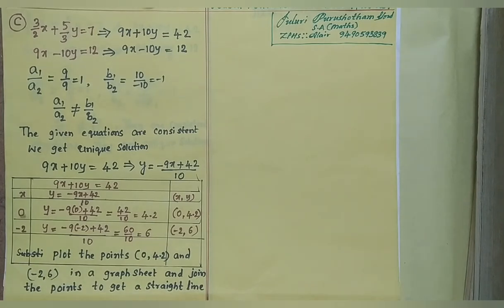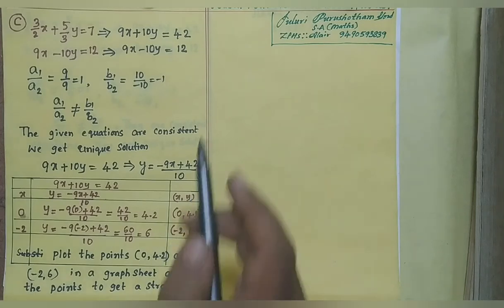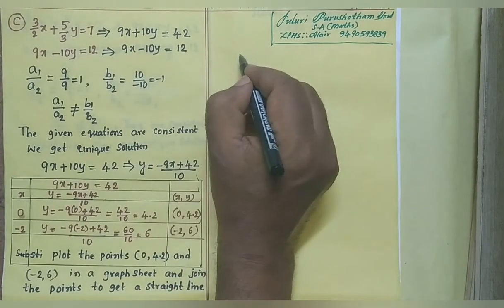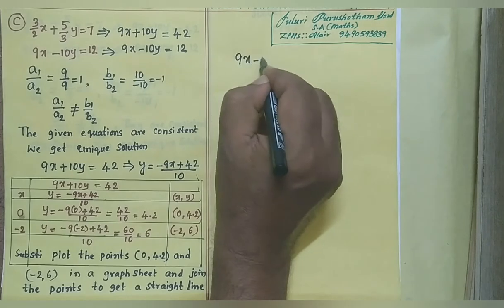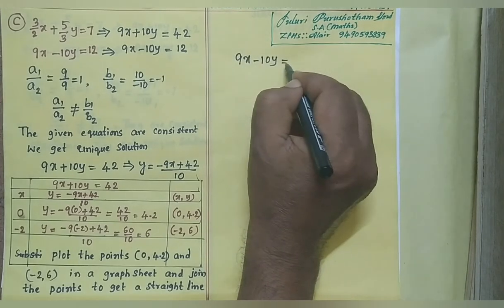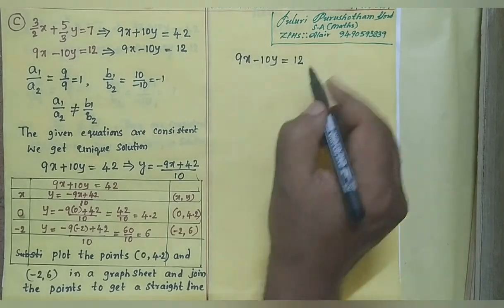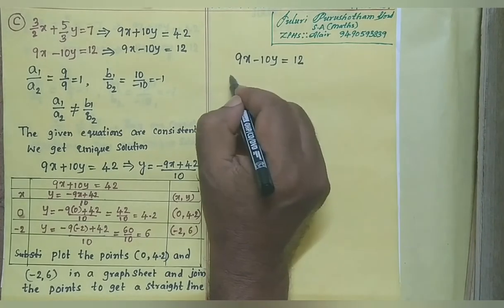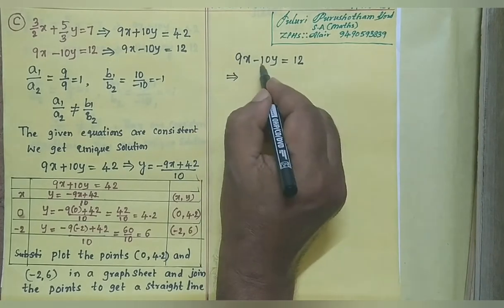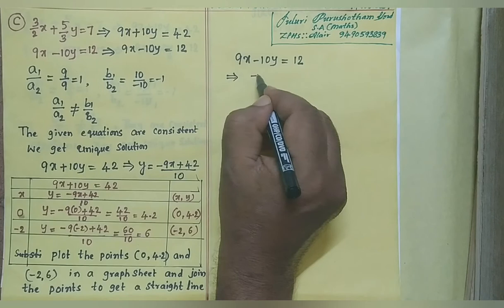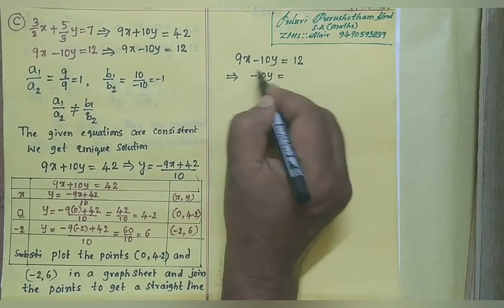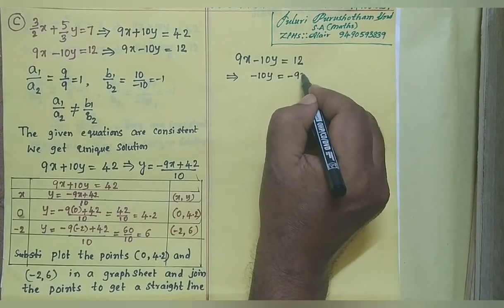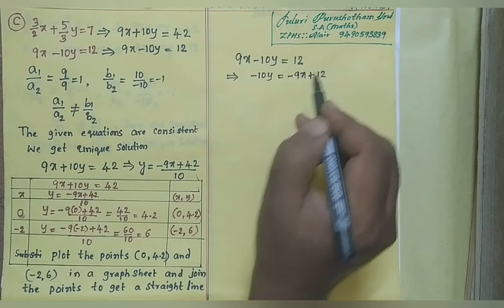Go for the second equation. The second equation is 9x minus 10y is equal to 12. So here also we have to take the subject as minus 10y. Minus 10y is equal to plus 9x shifted to that side, minus 9x, and the plus 12 is already there.